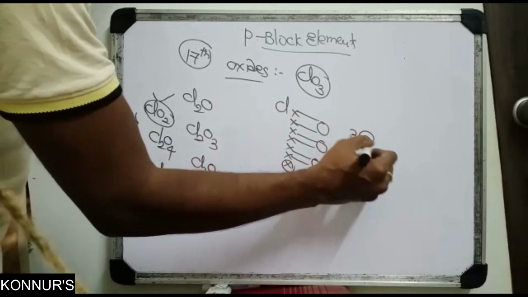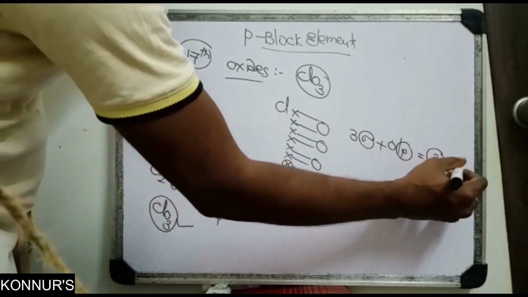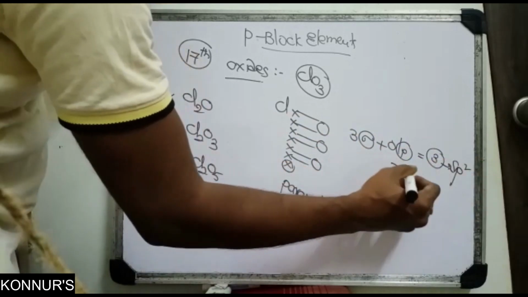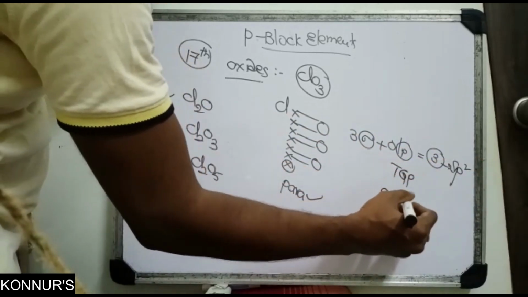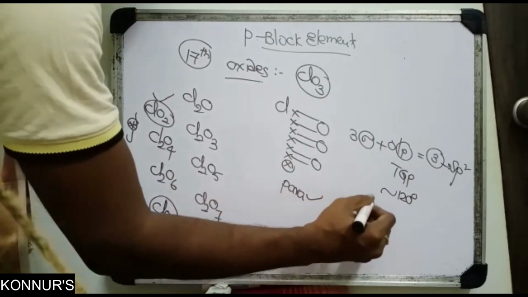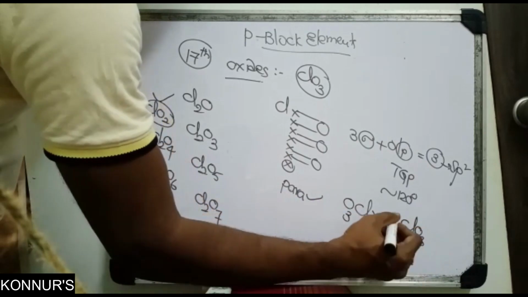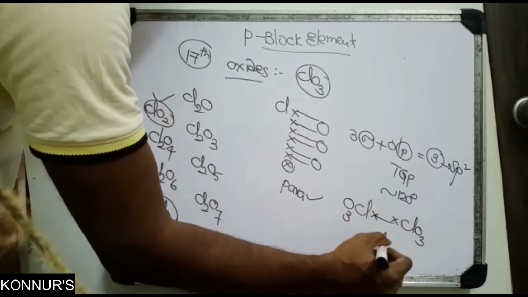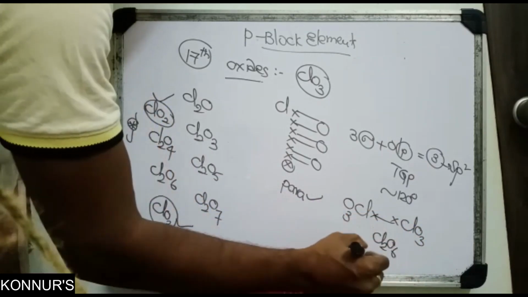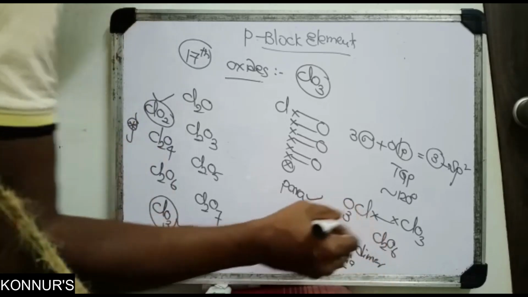So 3 sigma bonds, 0 lone pairs. So that is number 3, and 3 means sp2. So trigonal planar structure, bond angle is nearer to 120. Next, ClO3 has a single electron, another ClO3 has a single electron, both are combining. You are getting Cl2O6. It is a dimer and shows diamagnetism.